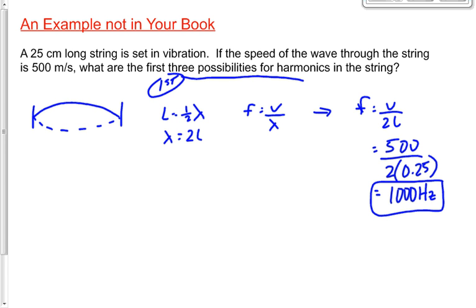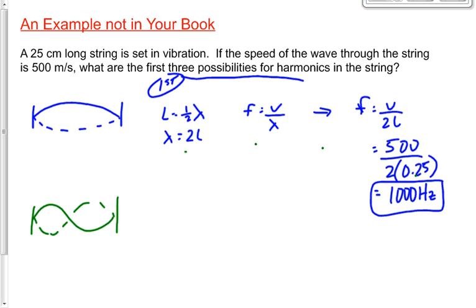What would be the second one? Well, there's a couple ways to do this. There's three that I want to find here, right? We got the first one, so we have to find the second and the third one. The first way to find the second harmonic is to draw it out. There's the second. Derive the equation and analyze it the way that I just have.